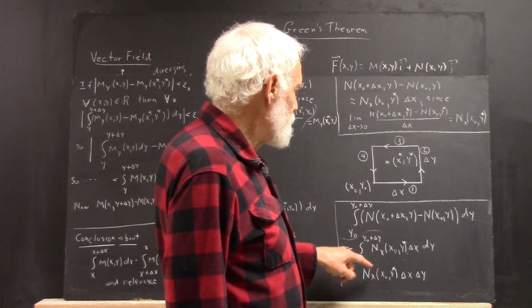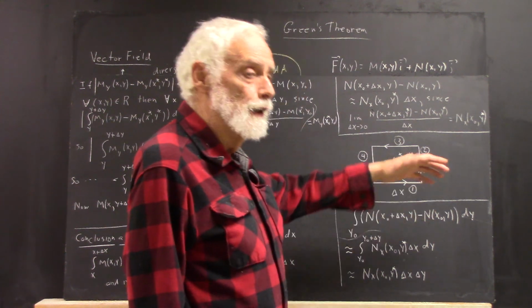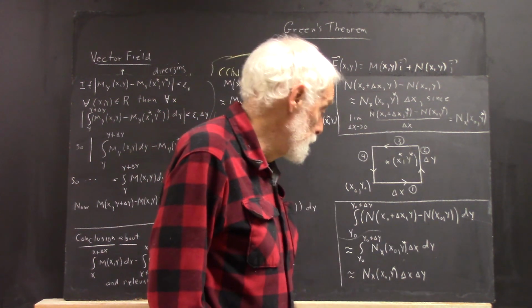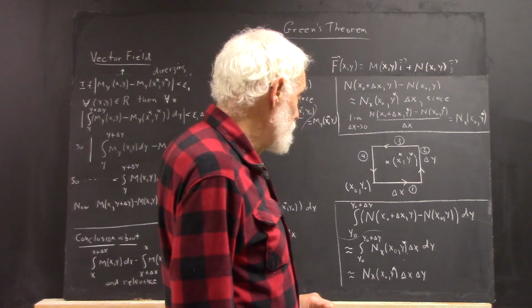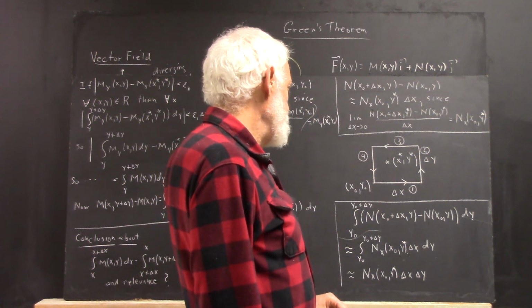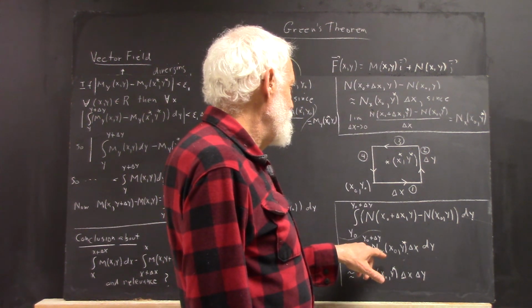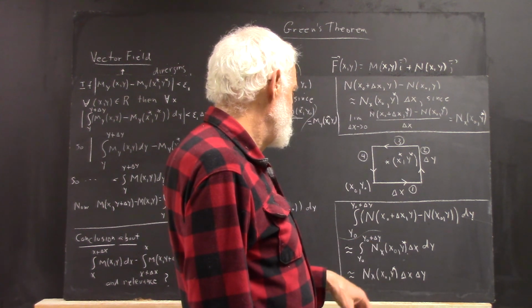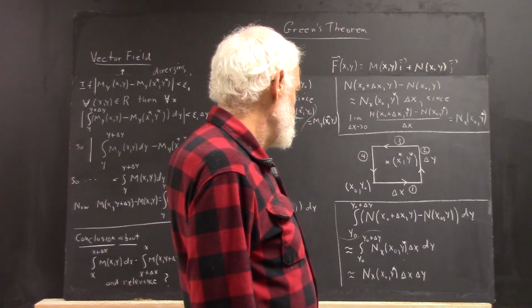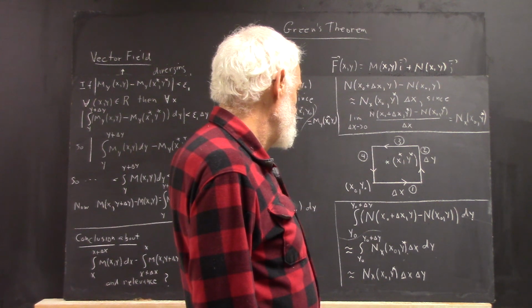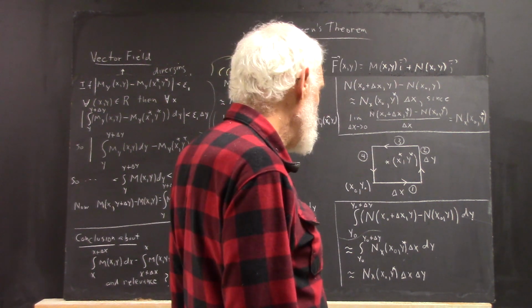because if delta y is small and the function is nicely behaved and the second derivative continuous, if delta y is small enough, then nx of, well, actually I don't even have to say if y is small enough, okay?